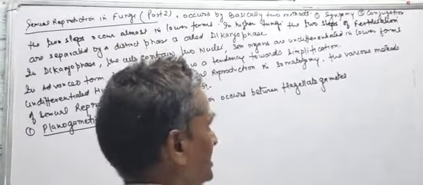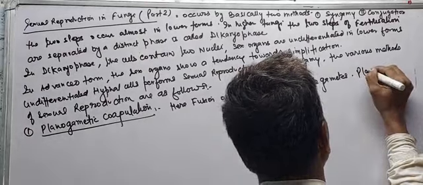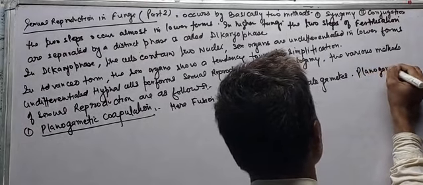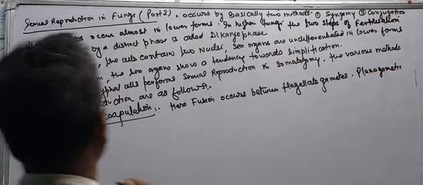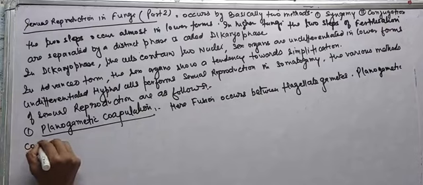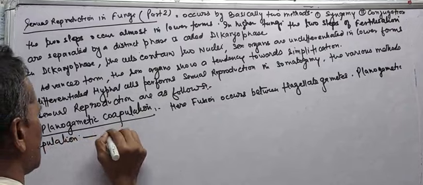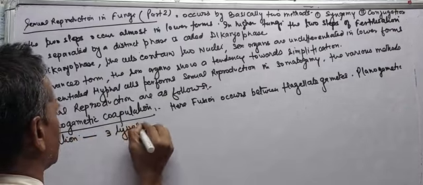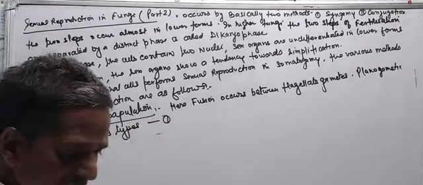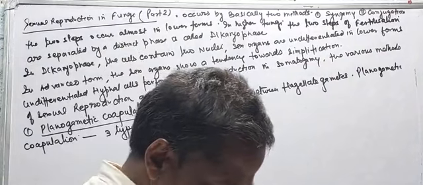Planogametic copulation is of three types. Number first, isoplanogametic copulation.